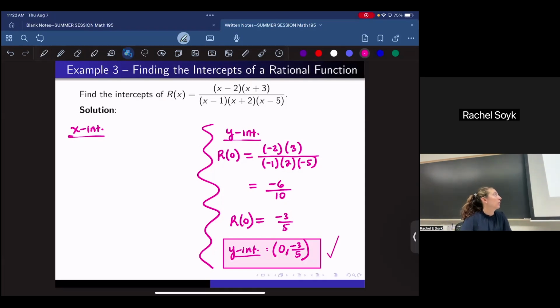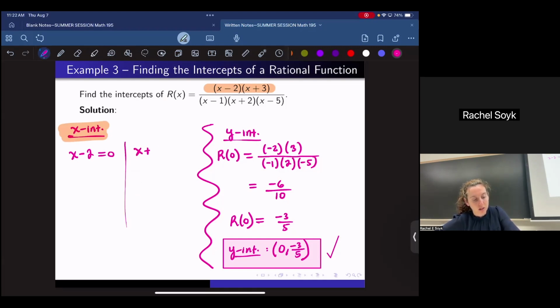X-intercepts, what makes y equal to 0? So not what makes the function undefined, just what makes y equal to 0. So we're solely looking at the numerator here. The denominator is sort of what gives us those undefined values. The numerator is what makes the fraction 0. So x minus 2 we set equal to 0. Lucky for us, it's all factored out.